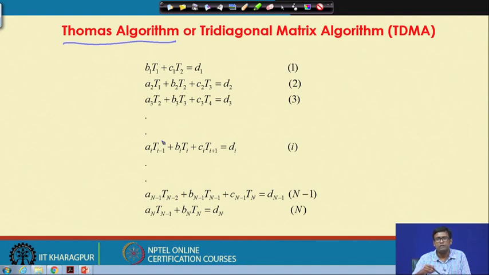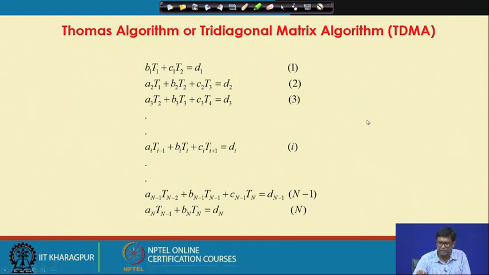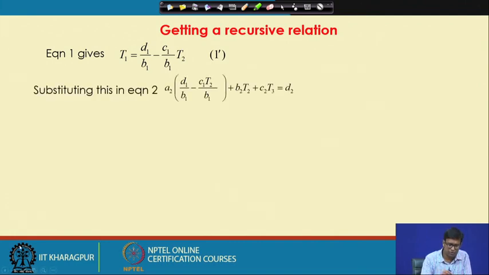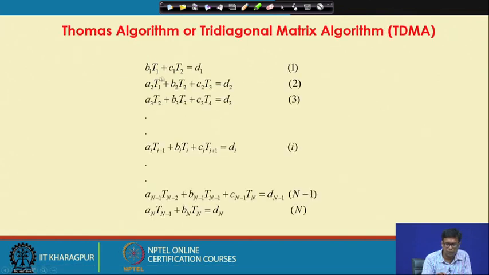However, we will see that there is a recursive nature of this elimination process. So, we go for the elimination round and get a recursive relation. If we go back to equation 1, equation 1 gives us T1 is (D1 minus C1 T2) by B1.